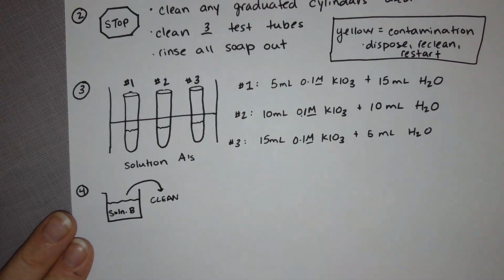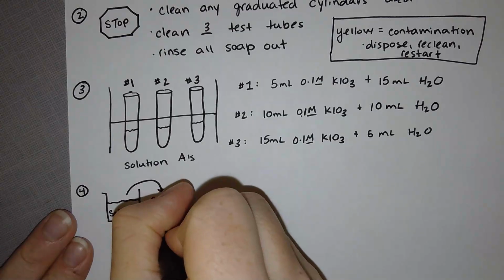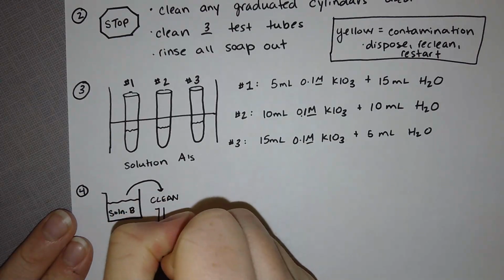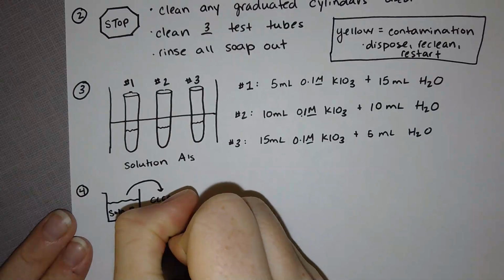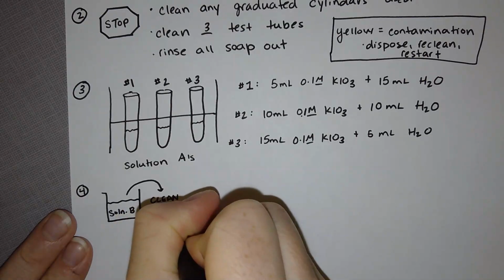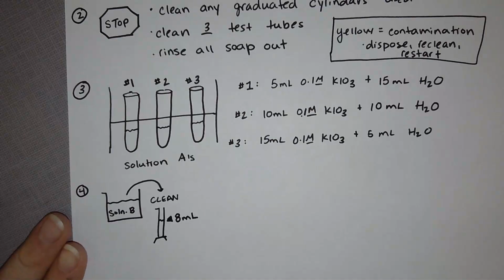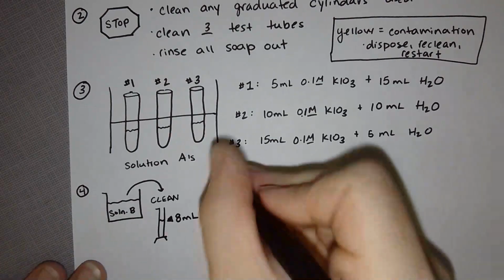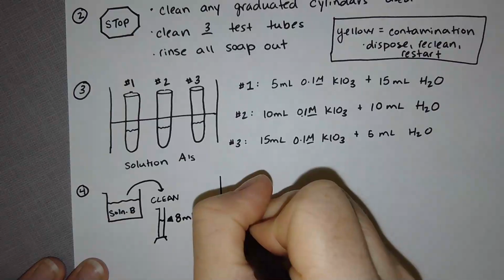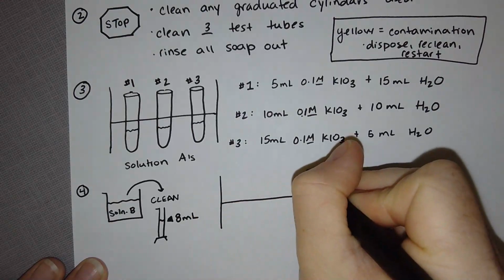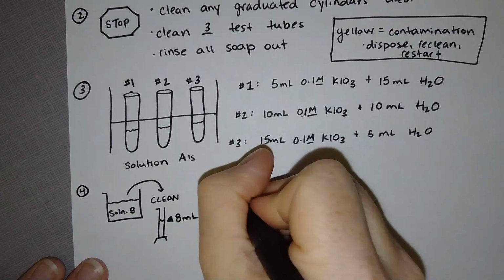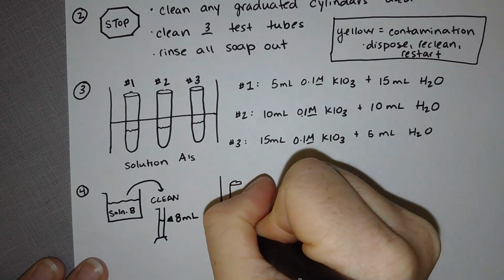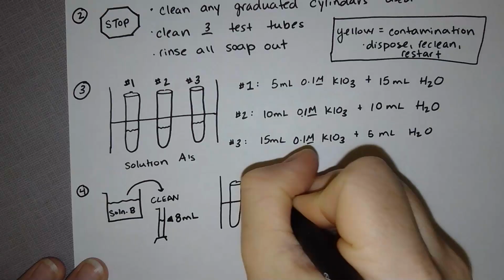If you're not sure if it's clean, just give it a rinse. And you're going to measure out just 8 mils of it. Then you're going to place that 8 milliliters of solution B into your first test tube, into your first solution A experiment.